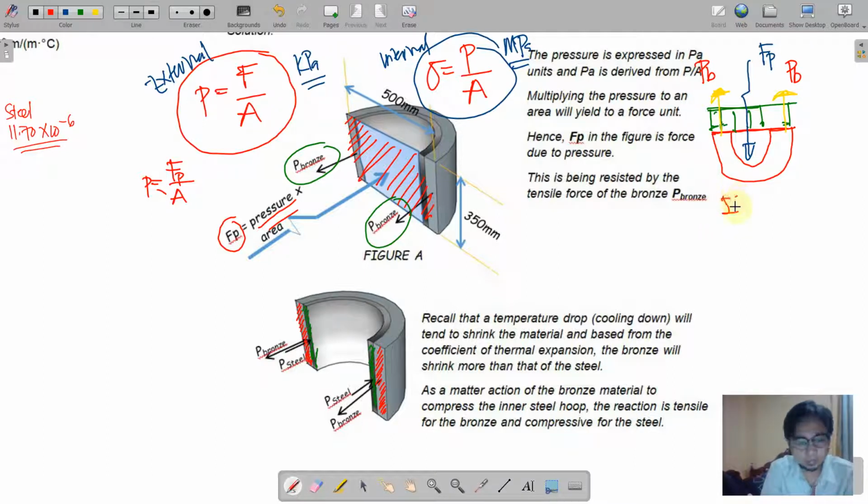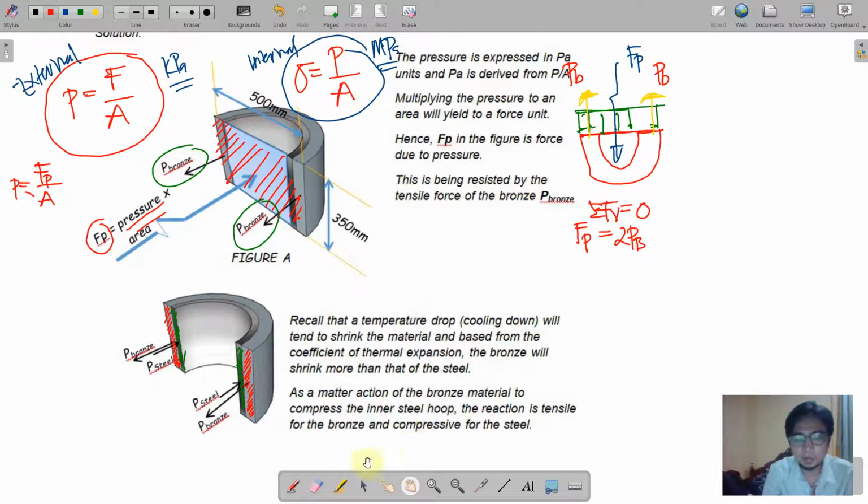So out of this, we can see that summation forces along the vertical axis, this is equal to 0. So an equilibrium would be F due to pressure will be equal to 2 P of bronze.